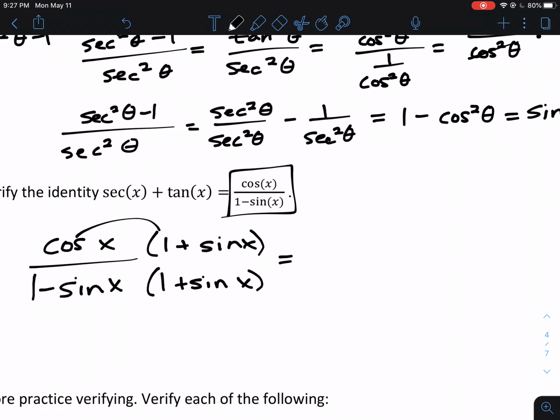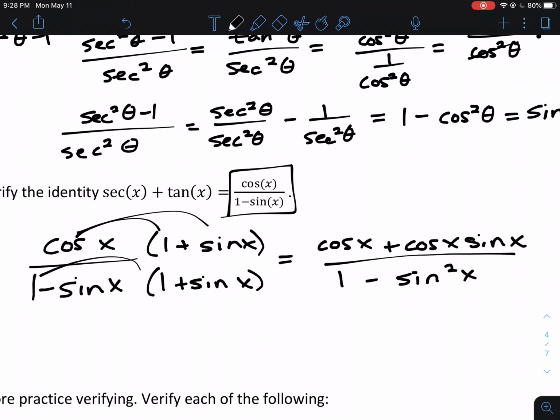We'll distribute our cosine of x to both terms. So that would be cosine of x plus cosine of x sine of x divided by, you're distributing here, 1 minus sine squared x. And if you needed to work that out separately, you could. It would just be 1 plus sine x minus sine x minus sine squared x.